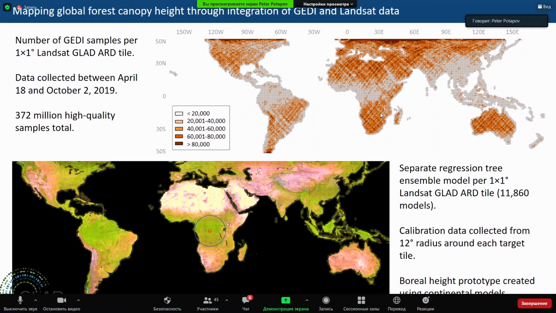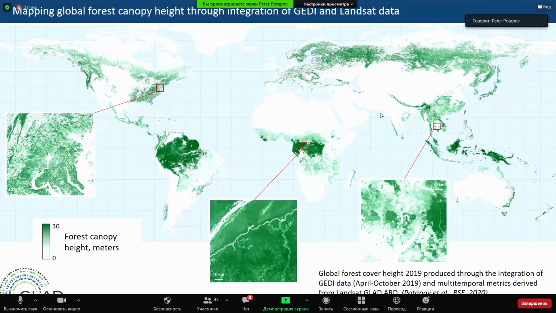So more than 11,000 models, almost 12,000 models. So calibration data was collected from a 12-degree radius around each target tile, thus providing us with a stable distribution of forest heights around the world and ensuring high accuracy at the local level.